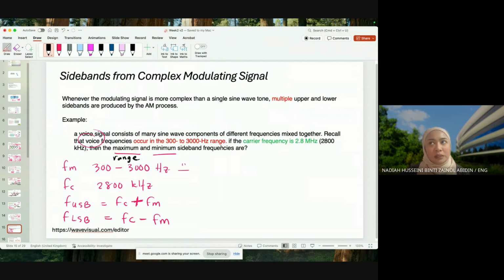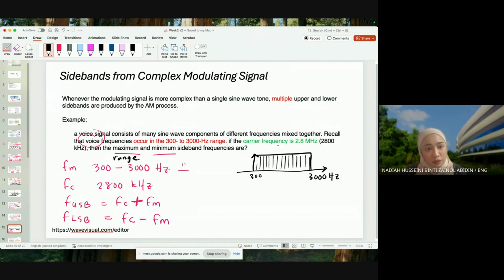So it's not going to be a single value. If I visualize this, it's going to start from 300 Hz up until 3000 Hz. What does that mean? It means that everything inside here is the FM.